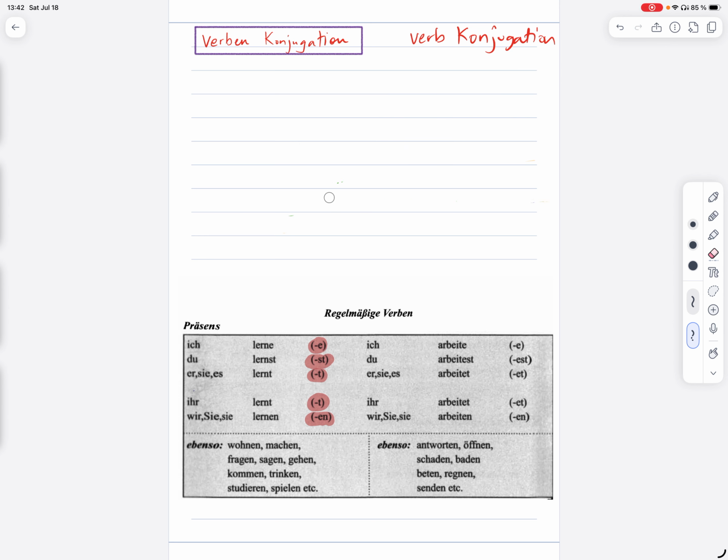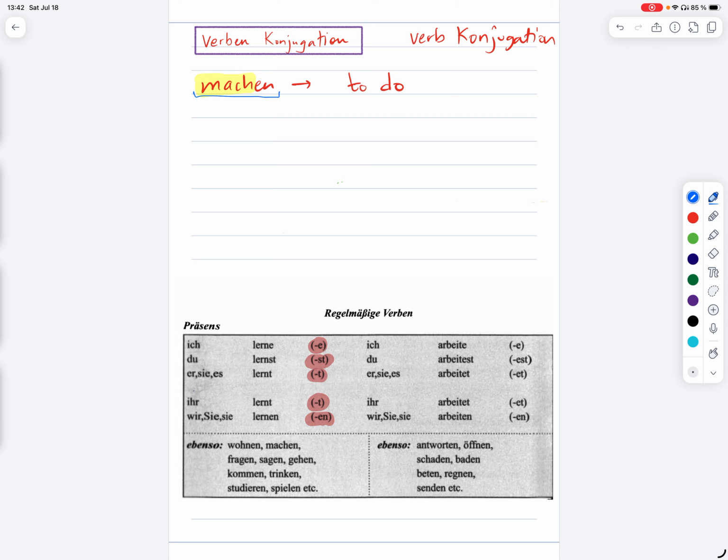Now we can look at some other examples from below. Let's start with machen. Machen means to do, to do something, right? So we have the stem form and the infinitive form. Infinitive is machen, but our stem form would be removing the en, so we have the stem mach. Now we will conjugate this stem form depending upon the personal pronoun: ich, du, er, sie, es, and so on.